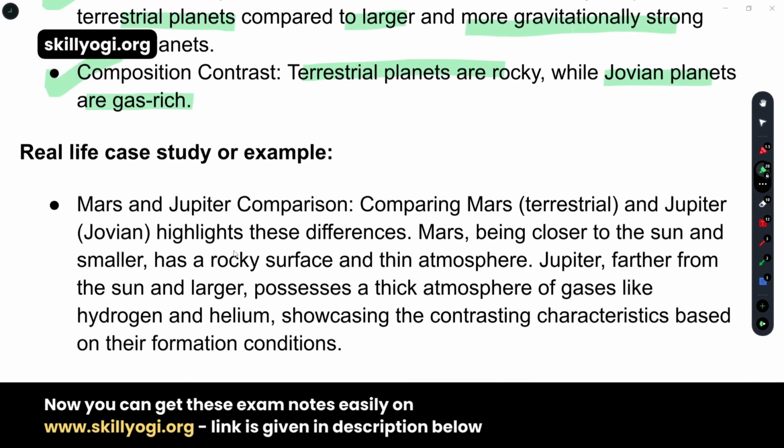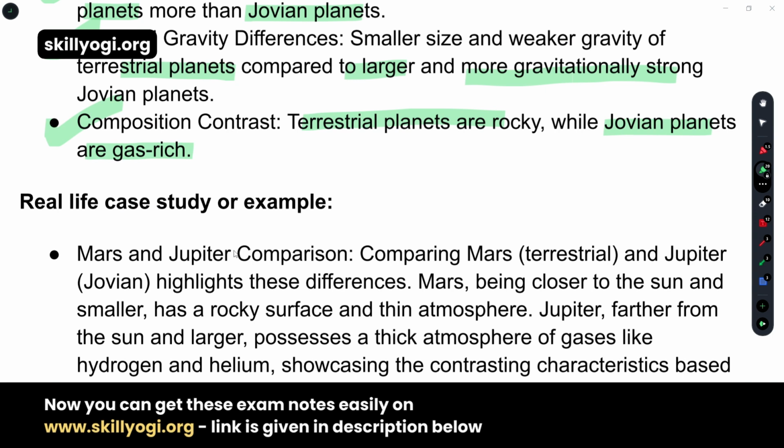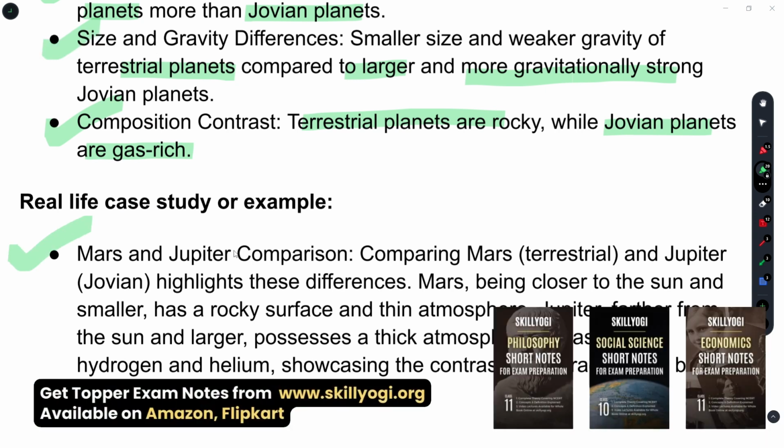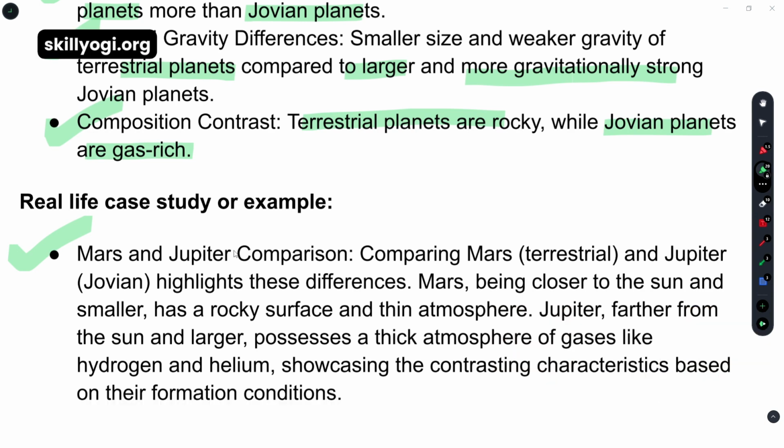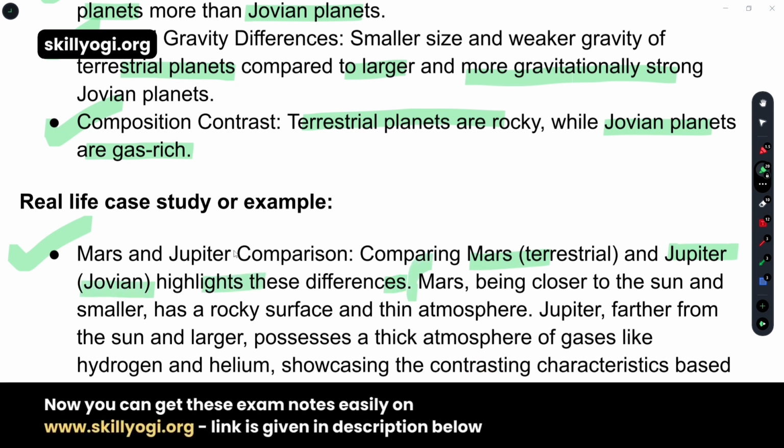Real-life example: some examples are given there, the Mars and Jupiter comparison. Mercury, Venus, Earth, Mars: Mars is a terrestrial planet. Jupiter, Saturn, Uranus, Neptune: Jupiter is included in the outer planets. So there is a comparison between Mars and Jupiter. Comparing Mars, which is terrestrial, and Jupiter, which is Jovian, highlights these differences.